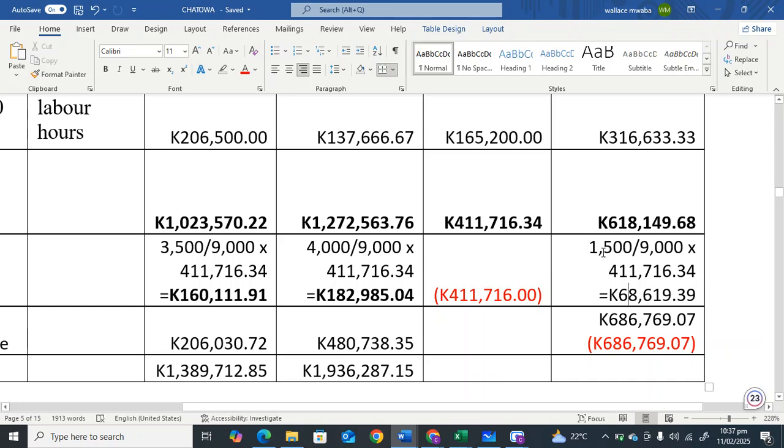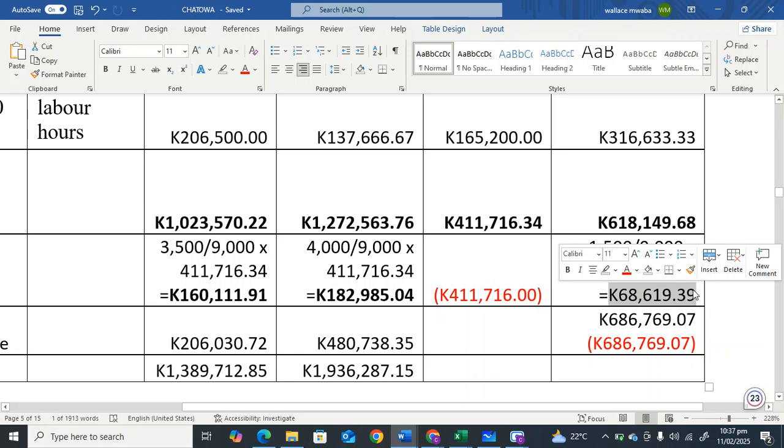We're getting a 68,000. We're getting 68,619.